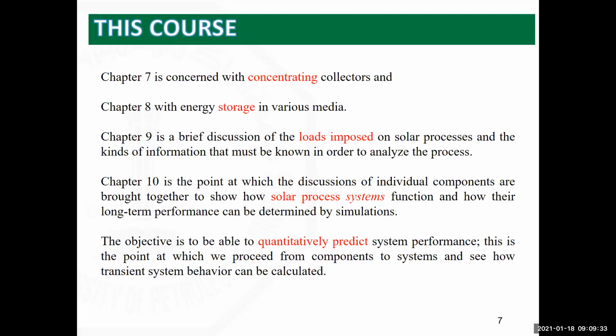Chapter 10 is getting into individual components brought together at a system level. That is to enable us to predict the performance quantitatively, in terms of numbers, not qualitatively in terms of higher and lower. If you need to design a certain system, then you require a certain amount of energy.